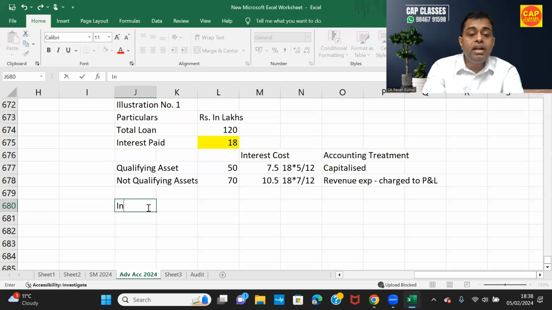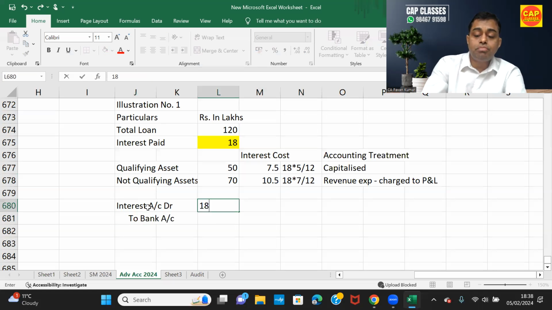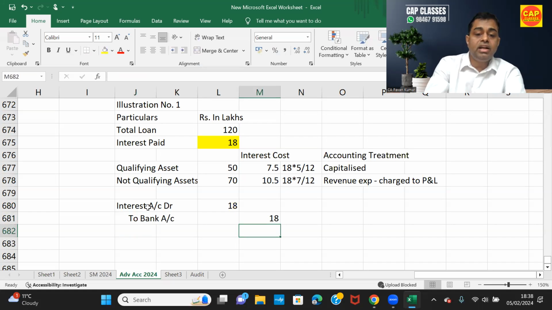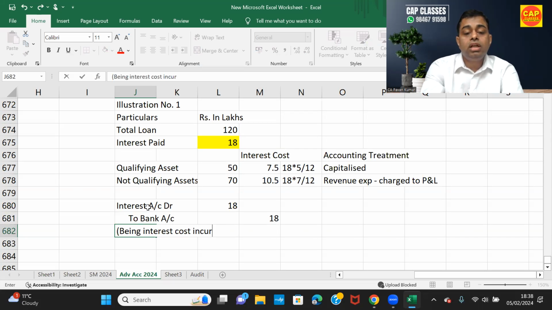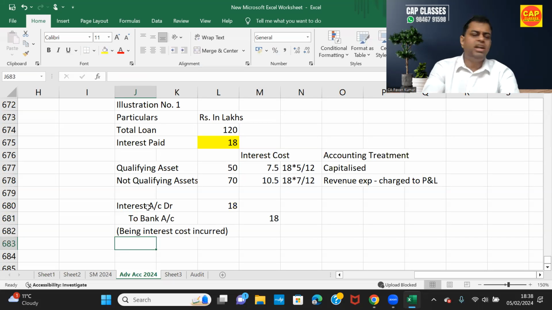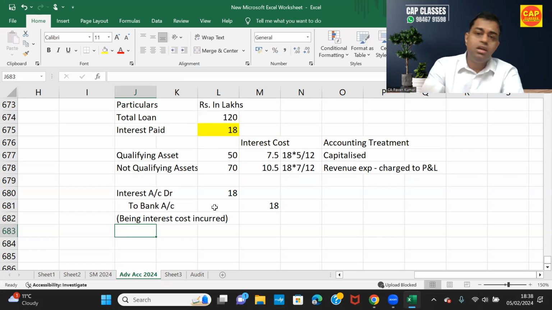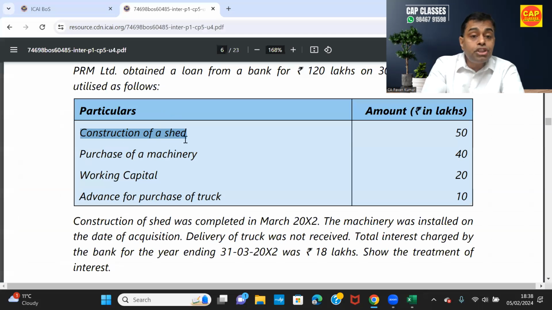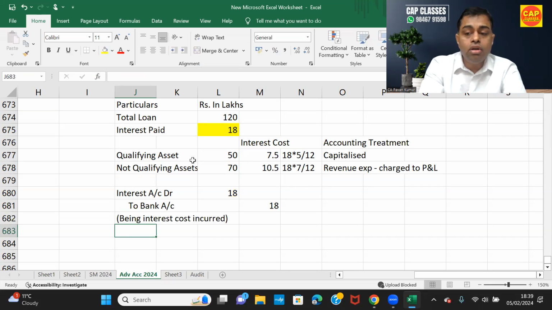So the journal entry is interest account debit to bank account, 18 lakhs, being interest paid. Interest cost incurred or interest cost paid, whatever it is. It need not be on cash basis; it can be on accrual basis also. Now, what is the accounting treatment? Construction of shed is there, no?